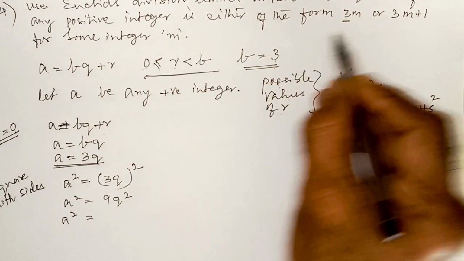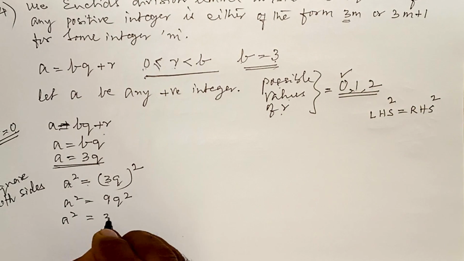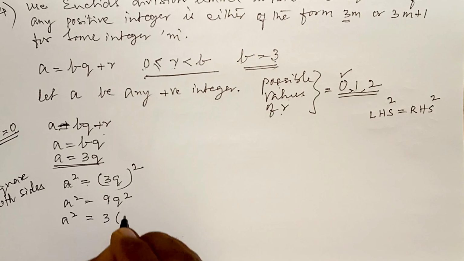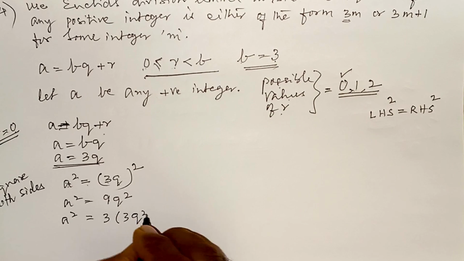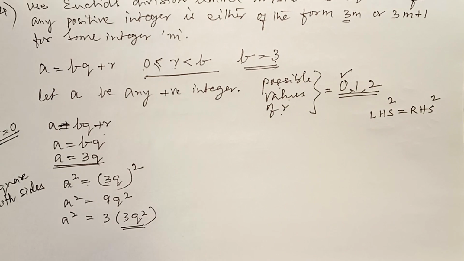To get our answer 3m, we break this into 3 into 3, like this. The value does not change. 3 into 3 is 9, q square is there. All we have done is taken out 3 separately, and 3q square becomes some integer.